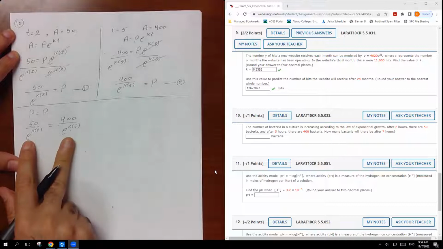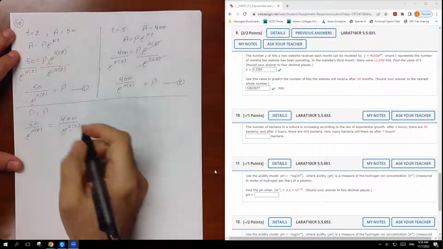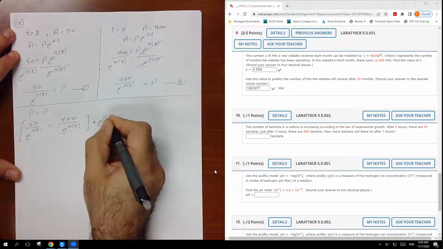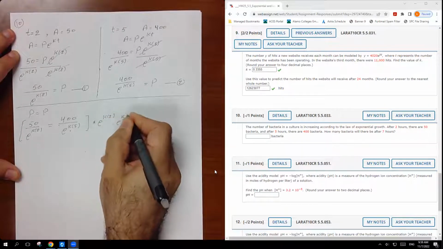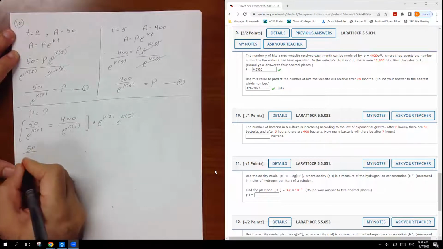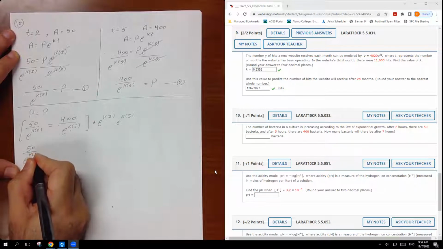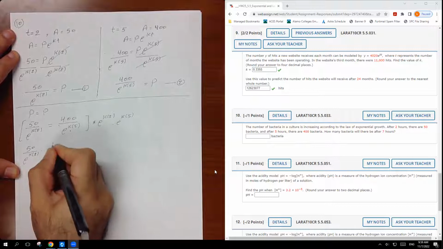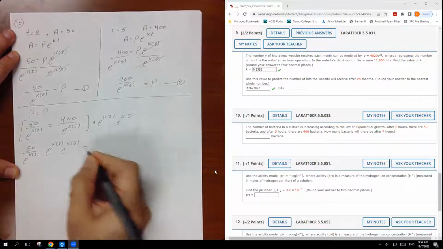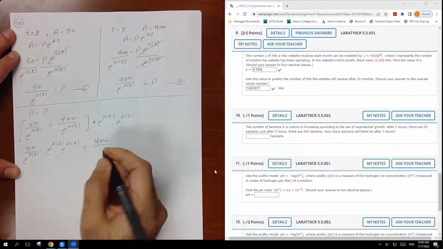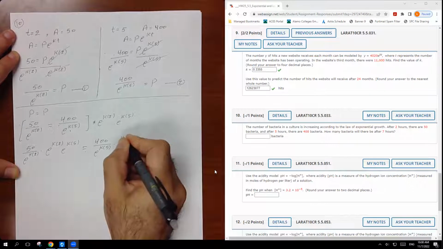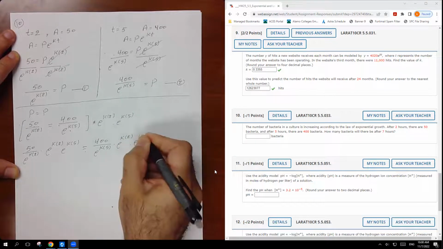Now I'm going to multiply both sides by the least common denominator, which is e^(k·2) times e^(k·5). That means it's going to be 50 over e^(k·2) times e^(k·2) e^(k·5) equals 400 over e^(k·5) times e^(k·2) e^(k·5).